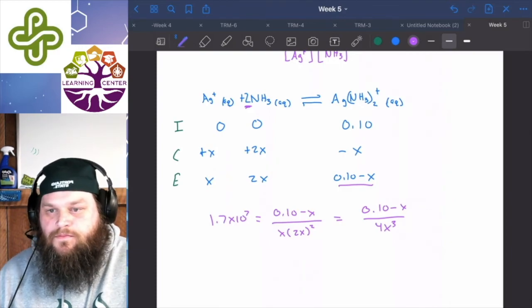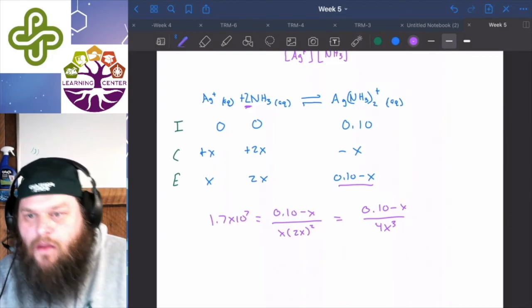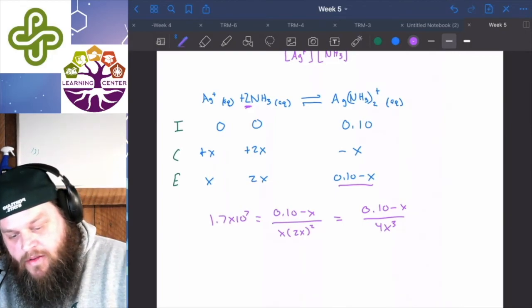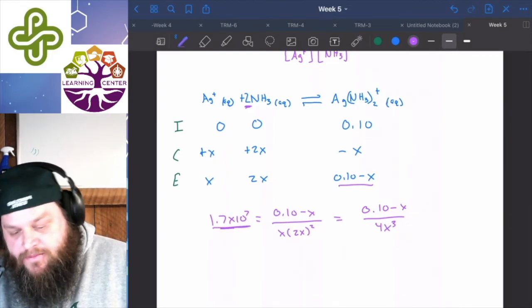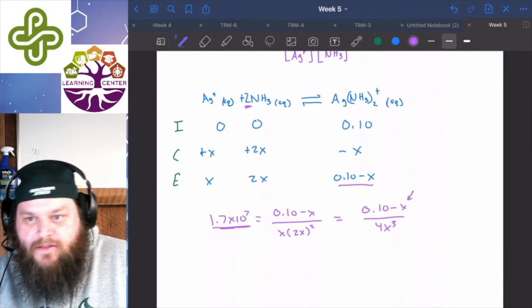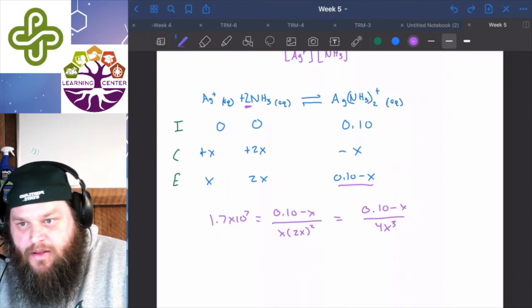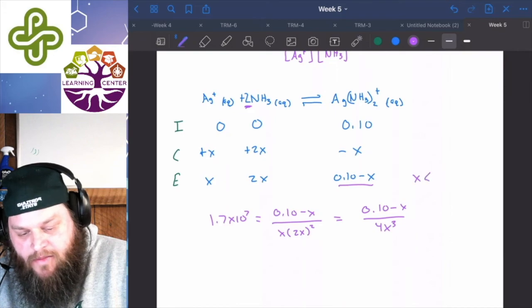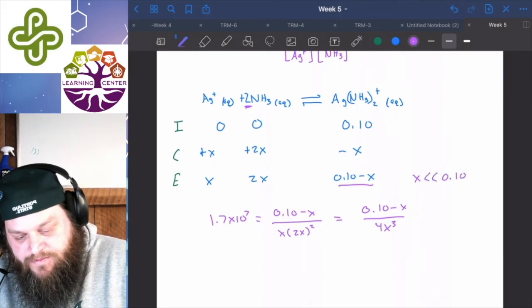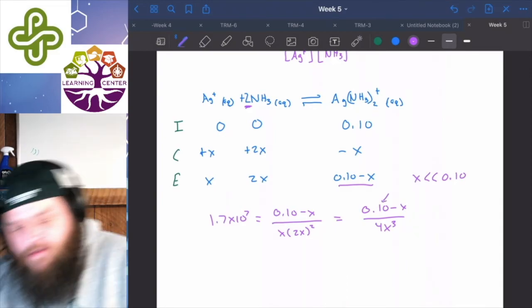Now we just need to solve for x. We can assume, since this is very big and in relationship this is going to be very small, that x, the value of concentration, is much less than 0.10, this value here, which simplifies our equation.